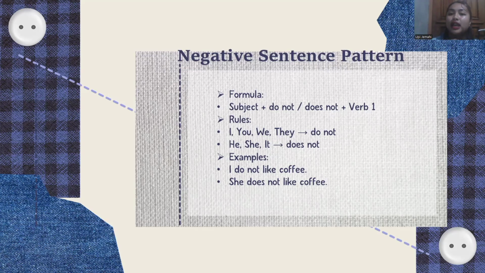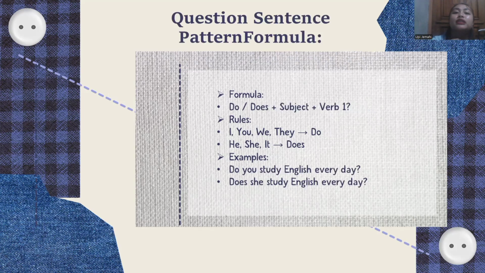Let's move again to the question sentence pattern, or formula. Question sentences are important for interaction in learning English. They allow students to ask and answer questions.